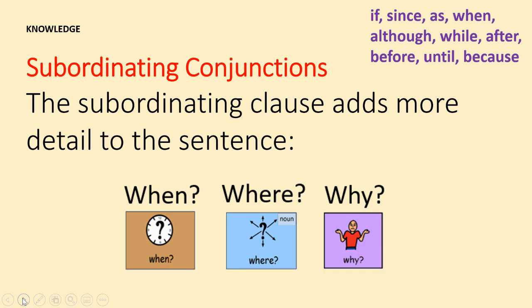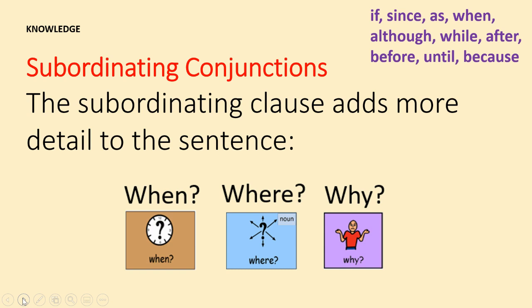So a subordinating clause adds more detail, and the detail it adds for us is when, where, and why. The subordinating clause tells us when something happens, where it happens, or why it happens. It adds more detail to our sentence. And now some of you are going, that sounds like a fronted adverbial. Well, yes, it's very similar.